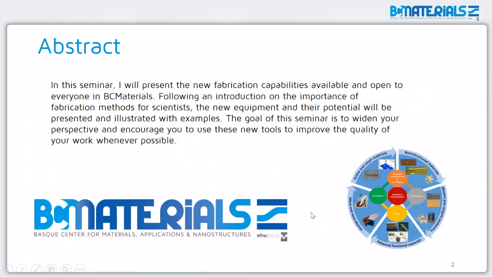So today, what I want to achieve is to give you an idea of the new fabrication capacities that we have. I will introduce 4 new machines that we've bought and that are available to anyone that needs to use them or who would like to use them for the research.